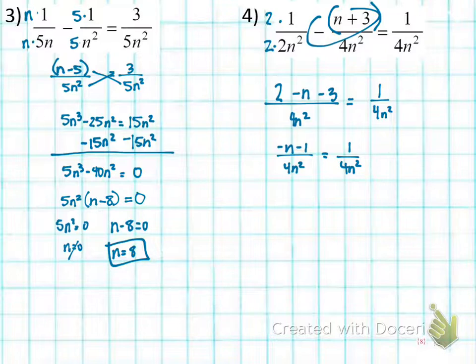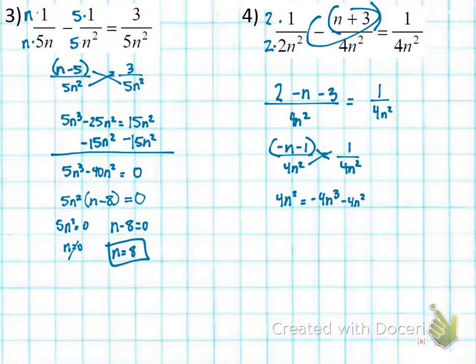Now we have two fractions being equal to each other. We can cross multiply. You got 4n squared times 1 is 4n squared. We've got negative n minus 1 times 4n squared is going to be negative 4n cubed. And then negative 1 times 4n squared is negative 4n squared.